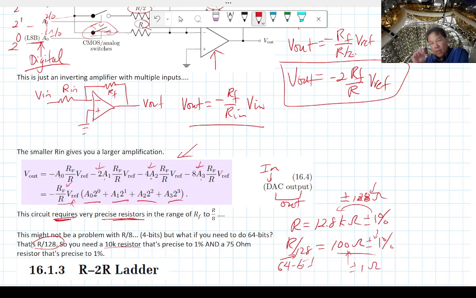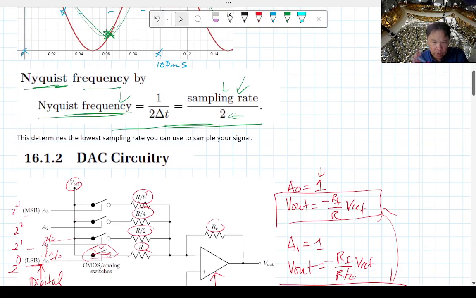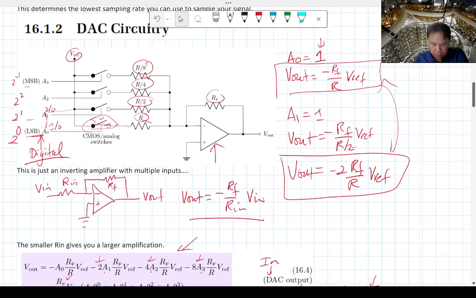Plus, instead of controlling your resistance down to 1 ohm. So that's the drawback of the DAC, where you're just doing this direct conversion.